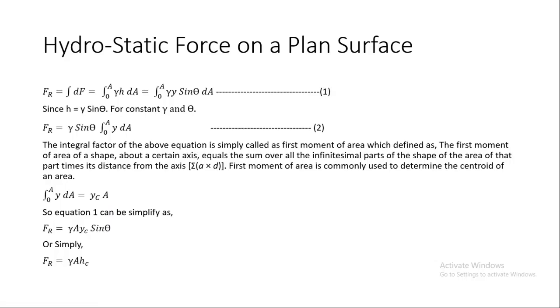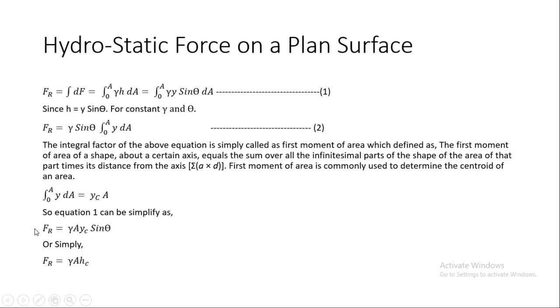Okay, so what we have to do is put this value in this form, and we can easily identify the magnitude of Fr. We need to determine the specific weight of the fluid, the area of the plane surface, yc distance, and sine theta.